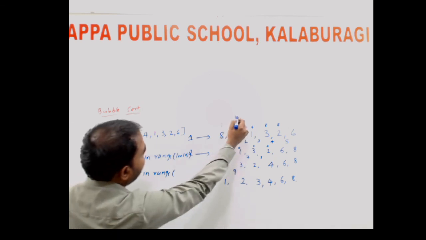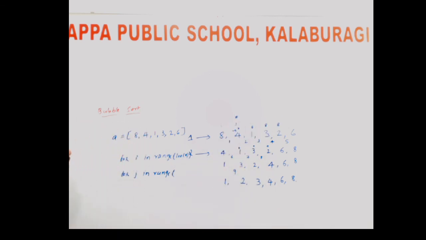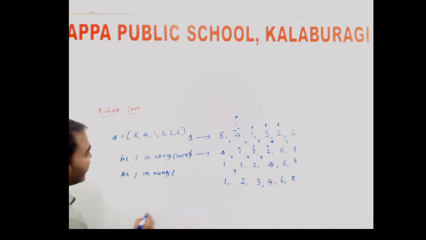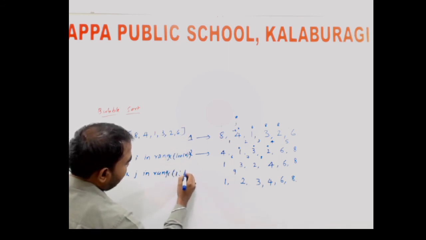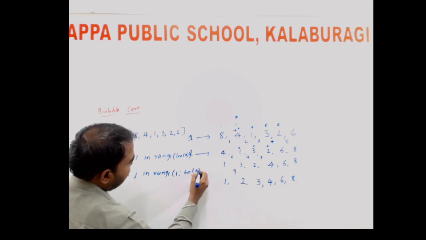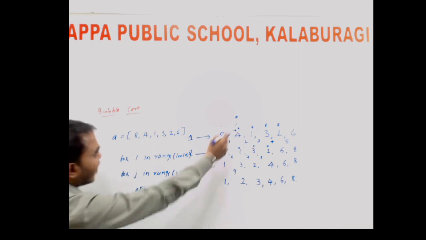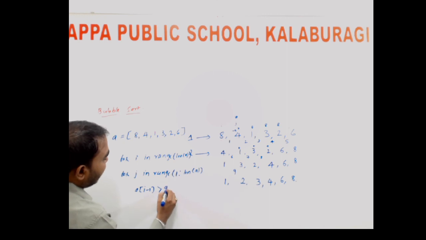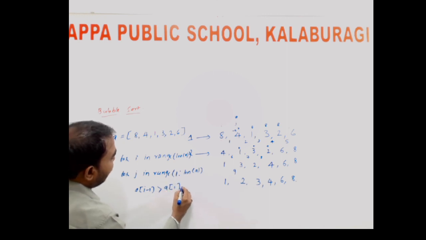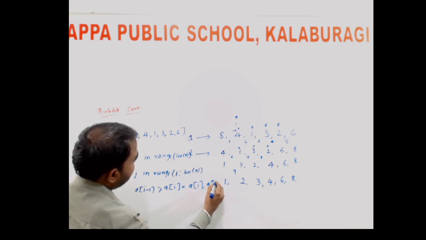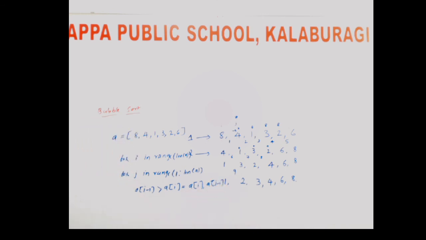Initially we'll start with 1 and go to the end, that is the length of A. Next, A of j minus 1, if this value is greater than A of j, then it should be swapped. This is the main part that swaps the values.